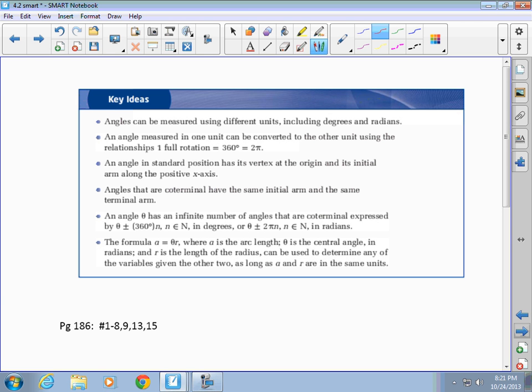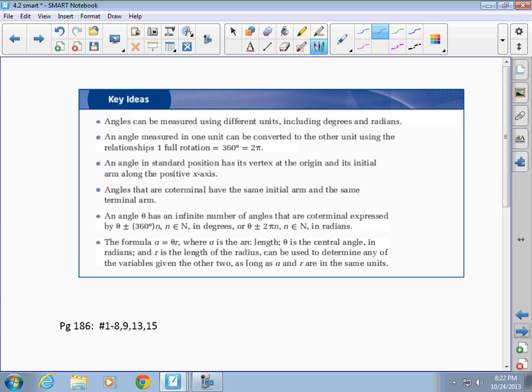Angles that are coterminal have the same initial arm and the same terminal arm, so that's when we're talking about the rotations. Doesn't matter how many times it goes around, they're coterminal if they stop at the same spot. We have an infinite number of angles that are coterminal, expressed by theta is equal to plus or minus 360 degrees times n, or 2 pi times n.